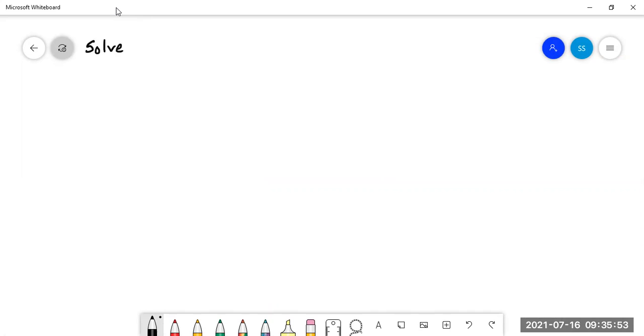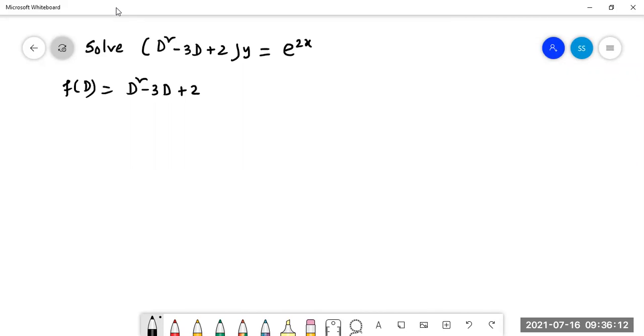Solve. It is given that D square minus 3D plus 2 into y is equal to e to the power 2x. What is f(D) here? Here f(D) equal to D square minus 3D plus 2 and a equal to 2.